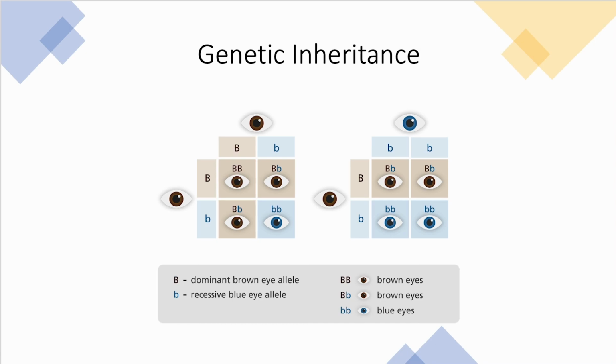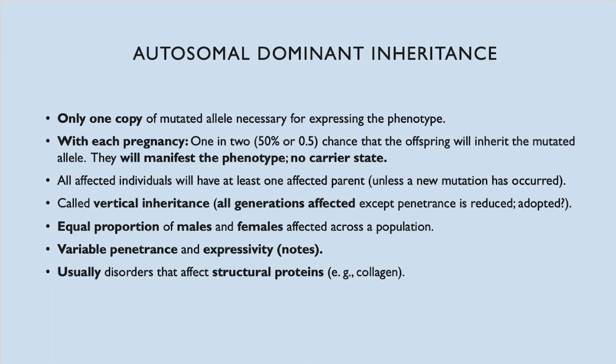Now let's talk about the most common types of inheritance that we will see around. Here we have the autosomal dominant inheritance. As we said before, when a trait is inherited in an autosomal dominant pattern, an affected individual has a 50% chance of passing the trait to each child regardless of the child's sex.